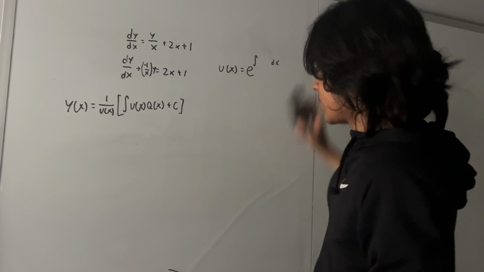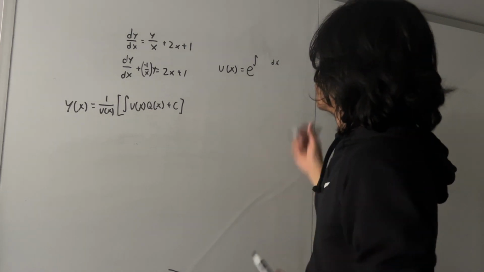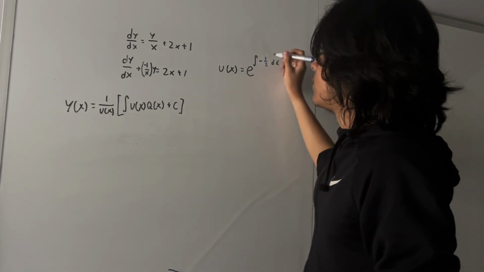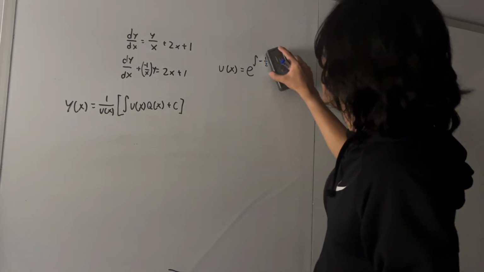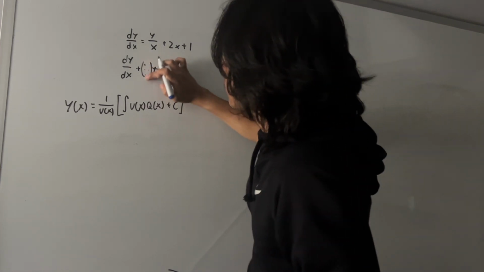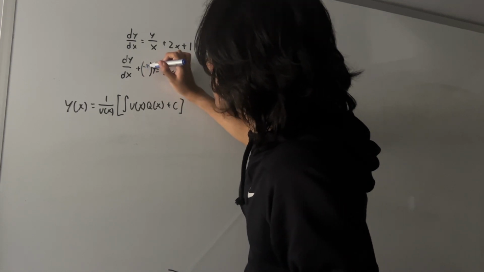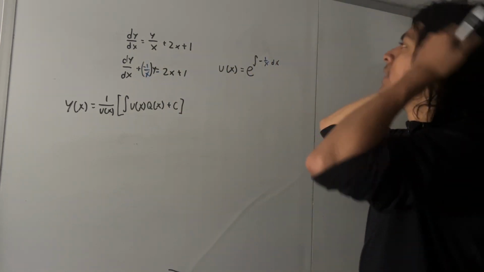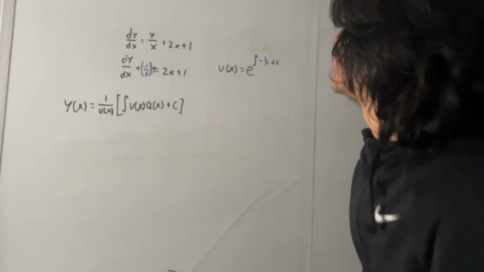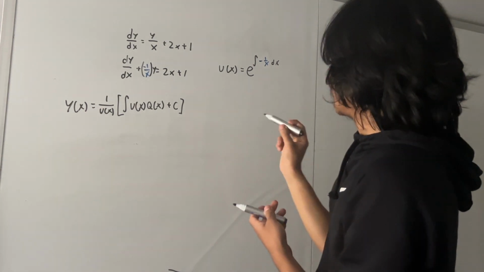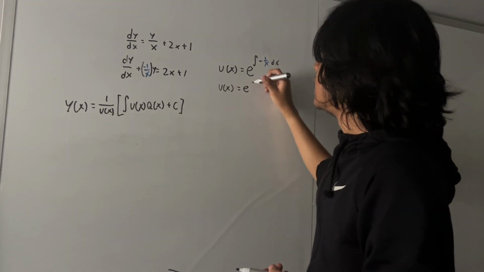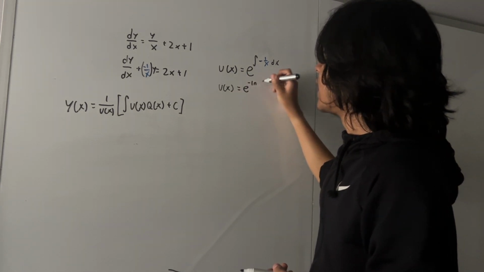So this right here becomes -1 over x, and I'd like to write that in blue right here as well. Okay. So when we solve for this, we get u of x is equal to e to the power of -ln of x.